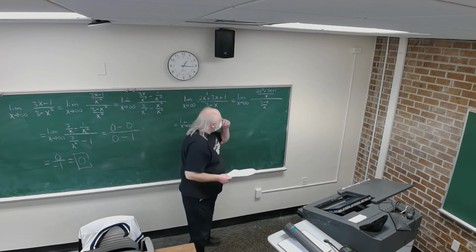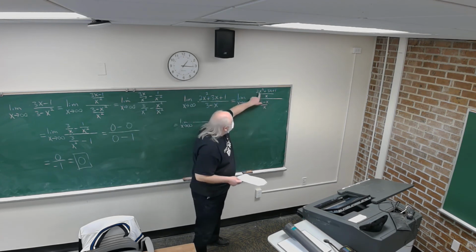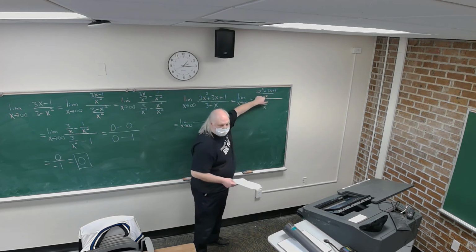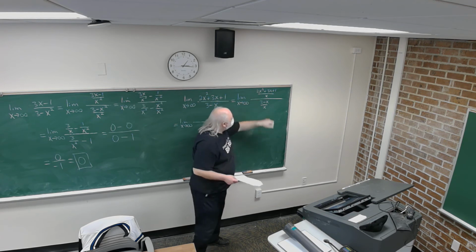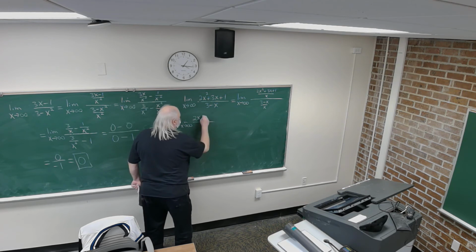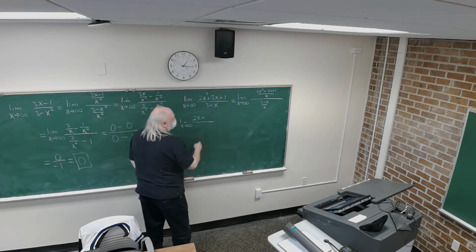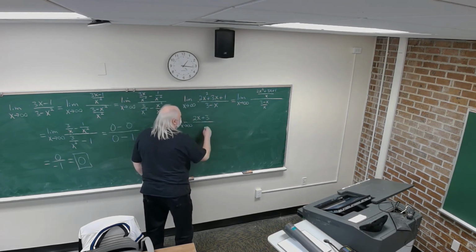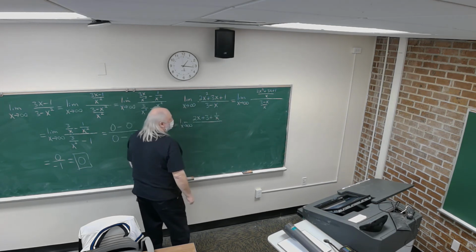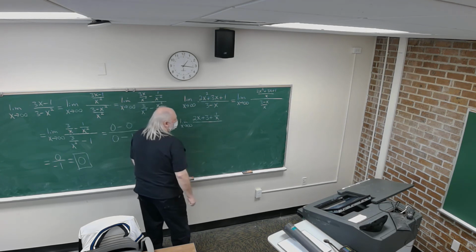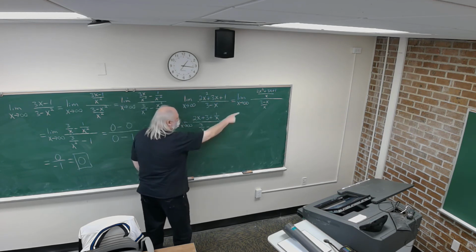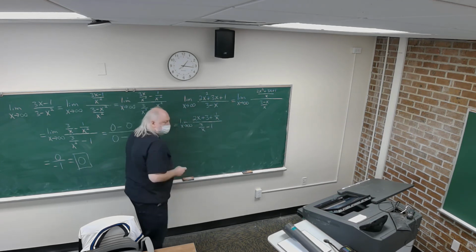So remember, we have to divide 2x squared by x, 3x by x, and 1 by x. So 2x squared divided by x is just 2x. 3x divided by x is 3. Then we have 1 over x. In the denominator, you divide 3 by x, and then you divide x by x, which is 1.